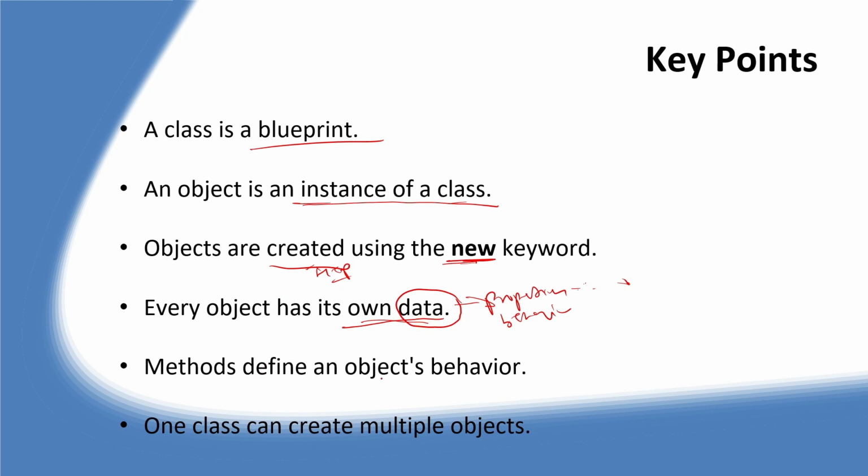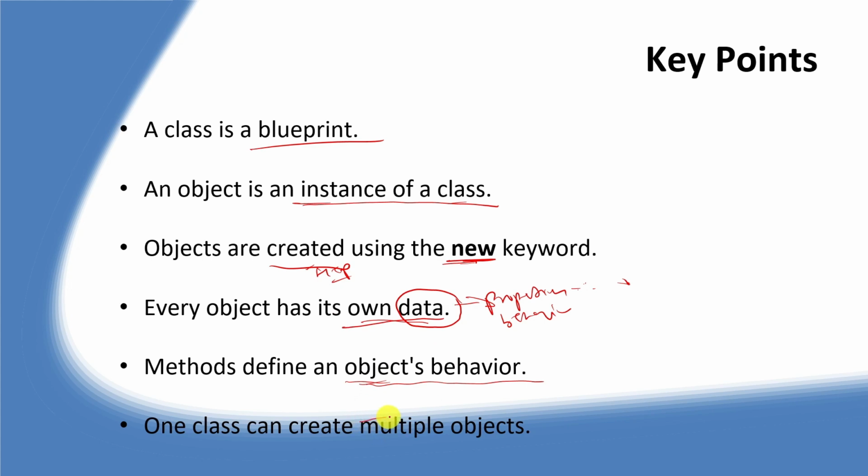Methods define an object's behavior. Whatever method is present inside the class can be executed by the object, and we can modify it based on the object also. We'll see that in later videos. One class can create multiple objects.